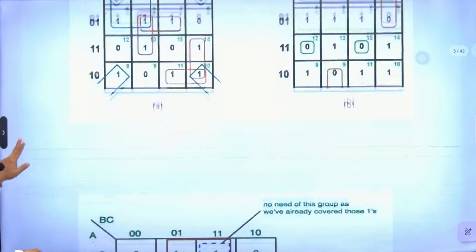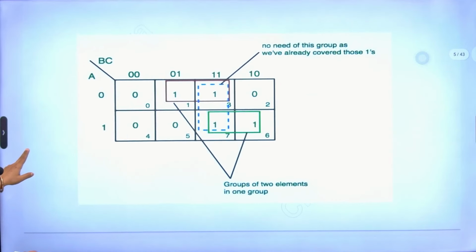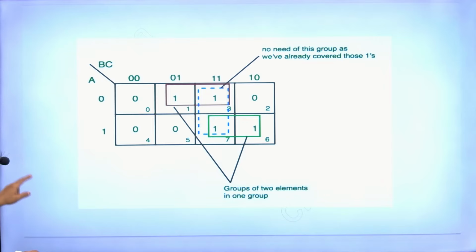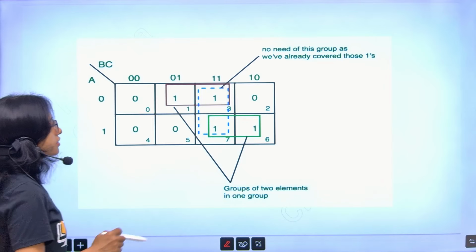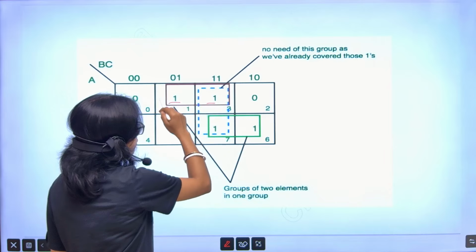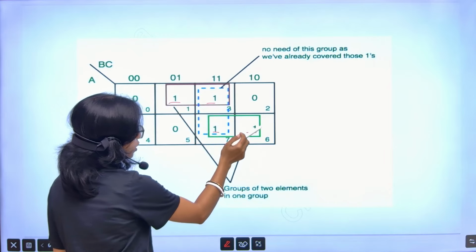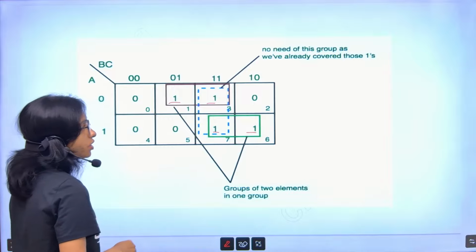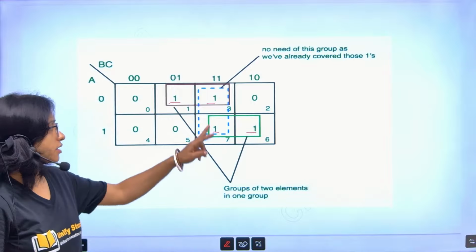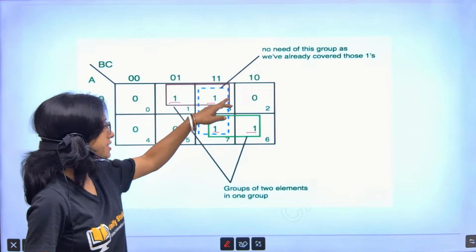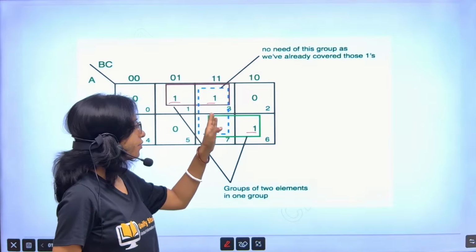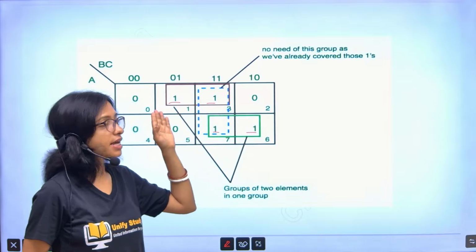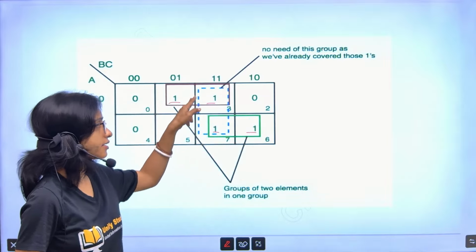Now, here also you can see that whenever you are making grouping, this 1 and 1 are already covered in one group, this 1 and 1 are already covered in one group. Don't try to make unnecessary grouping. This grouping is actually unnecessary, because you have already covered them. When some 1 is left, then you can try.